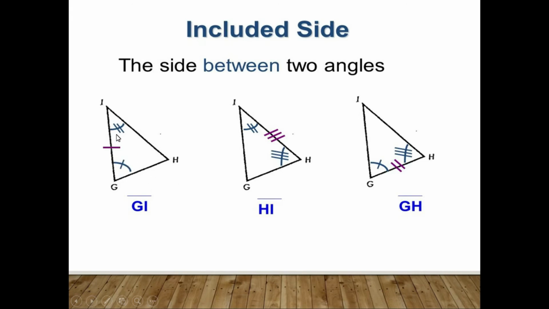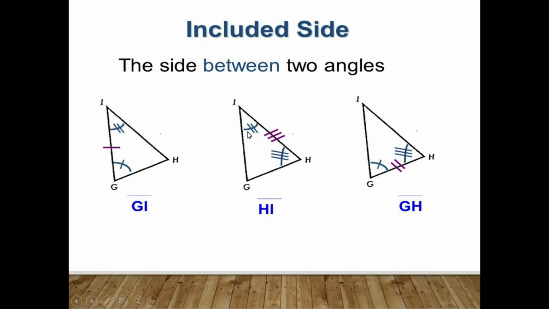So for the first given, we have angle I and angle G. And the included side between that two angle is line segment GI or line segment IG. So pwede natin pagbaliktaran yung two capital letters. That is how we name side of a triangle, or we are using the symbol for line segment.